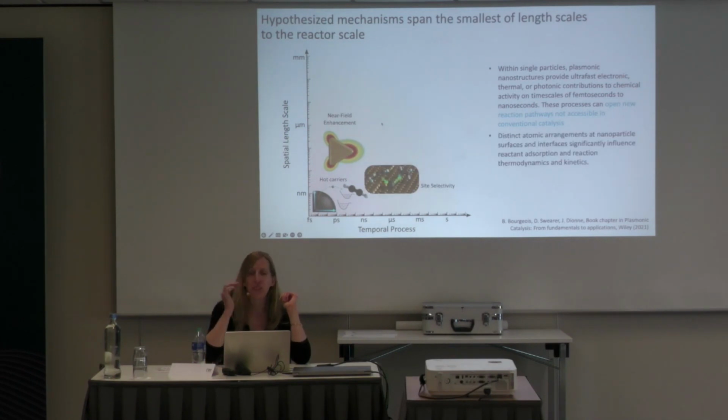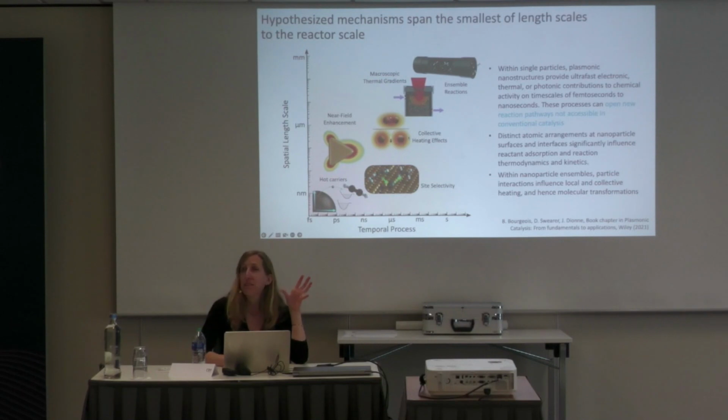And to the question that got asked earlier, how does the faceting play a role? Depending upon the molecules that are reacting and the catalyst you have, there's also site selectivity. So you have to think about where these electromagnetic hotspots are with respect to where the catalytically active sites are.